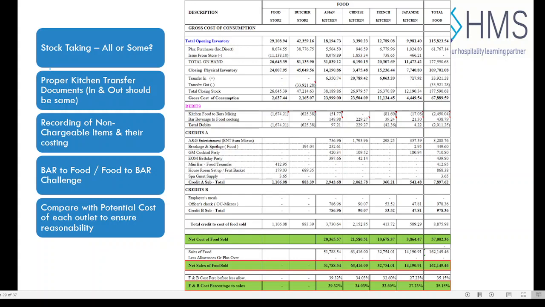Usually the hotel standard is to accept a plus or minus 5% difference between the potential cost and actual cost. If they are more, usually the cost controller and chef are expected to explain the differences, why the actual cost is higher or lower than the potential cost, maybe based on the difference in prices, maybe difference in portions, maybe there is higher spillage or something. But whatever it is, the differences have to be identified, right? That's the important aspect.